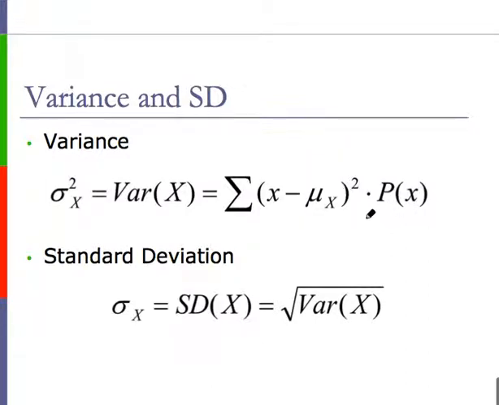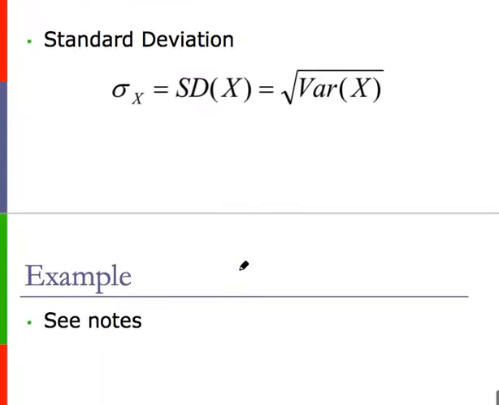First we find the variance, and then when we take the square root, we get the standard deviation. So it's just a matter of the formula: the sum, remember this means add, of each value minus the expected mean, squared, times the probability.